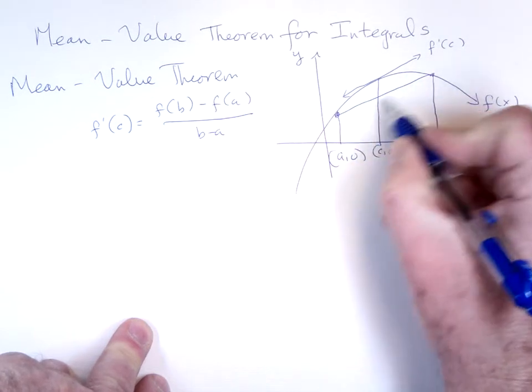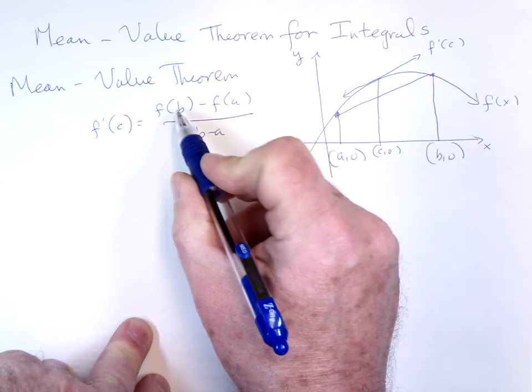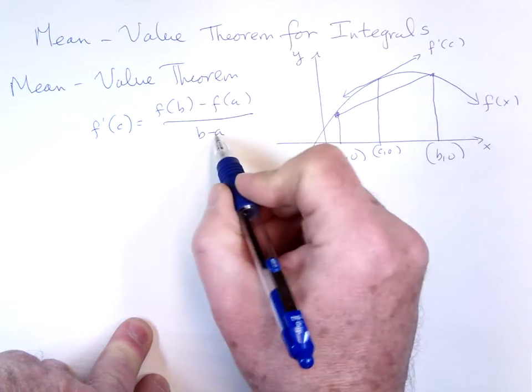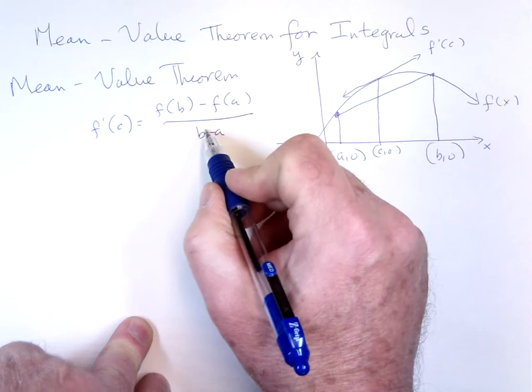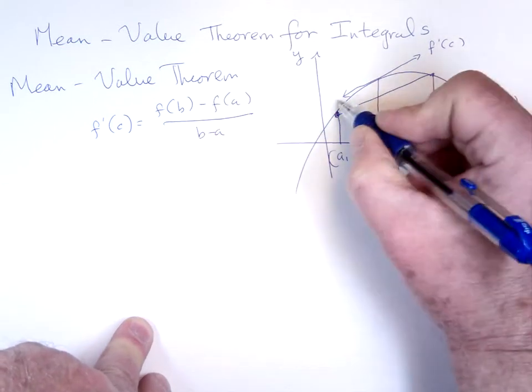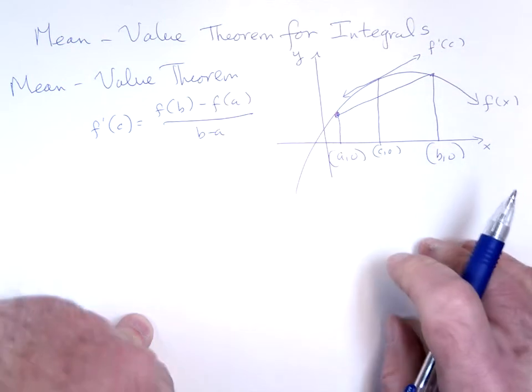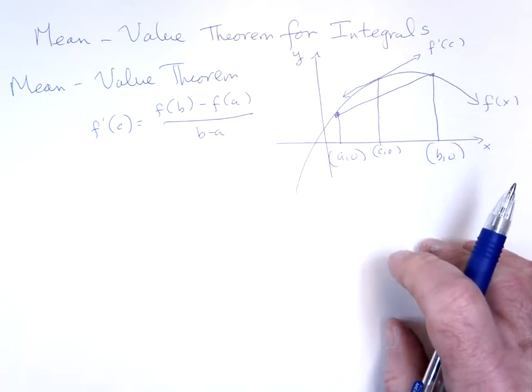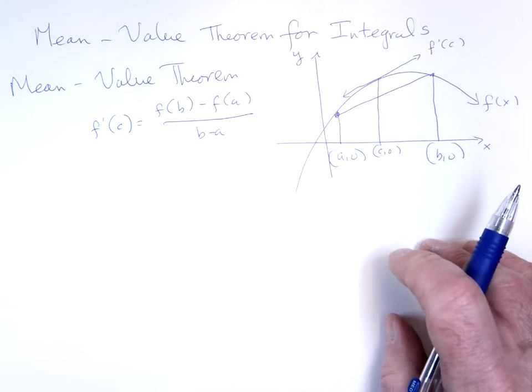The slope of this chord connecting these two points is f of b minus f of a over b minus a. It's the change in y over the change in x. And it says somewhere in here there's a c where the derivative is equal to that slope. Somewhere the instantaneous velocity is equal to the average velocity.